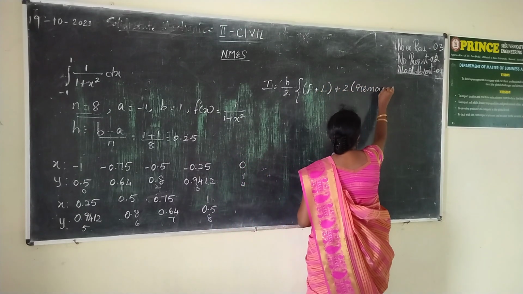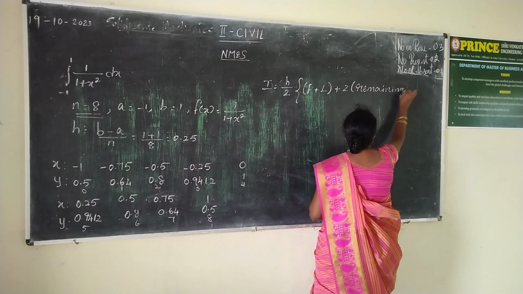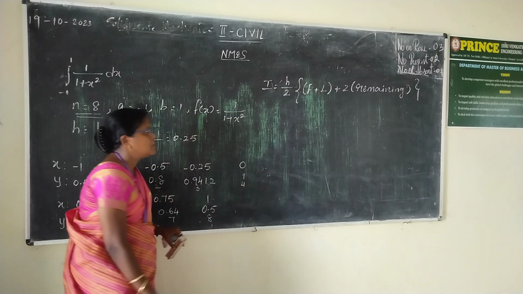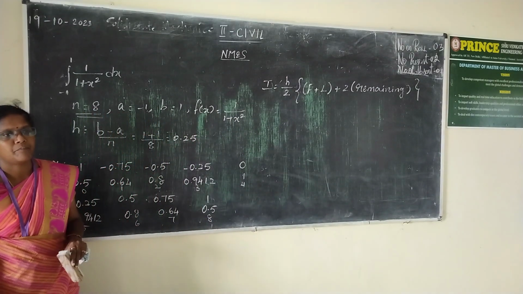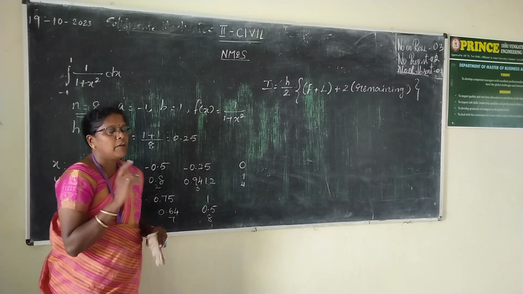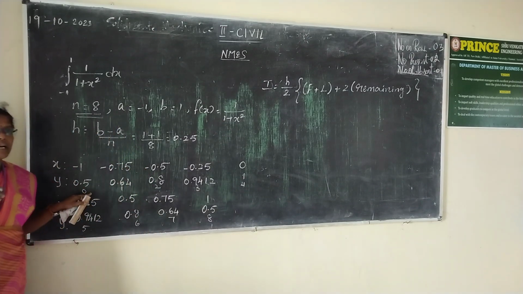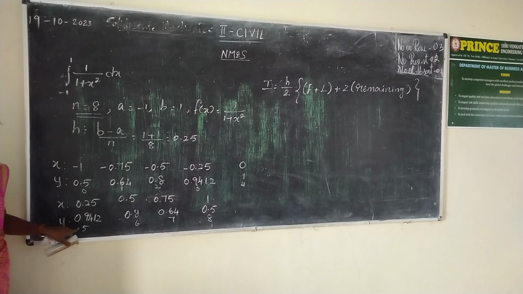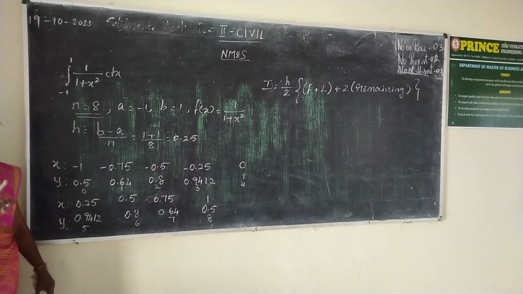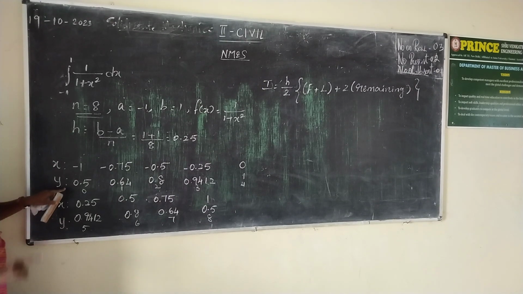This is your trapezoidal rule formula. Whenever you consider the y values, each should be considered only once. No repetition is allowed. Once you take a y value and substitute in the formula, you should not substitute that y value again. When you substitute, look only at the y values, don't consider the x values.